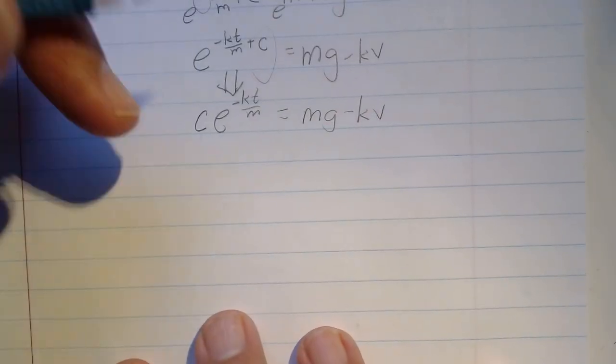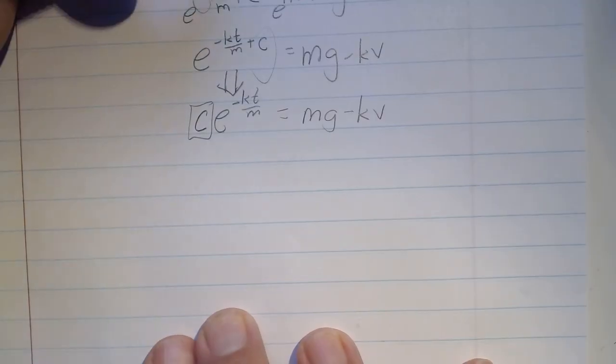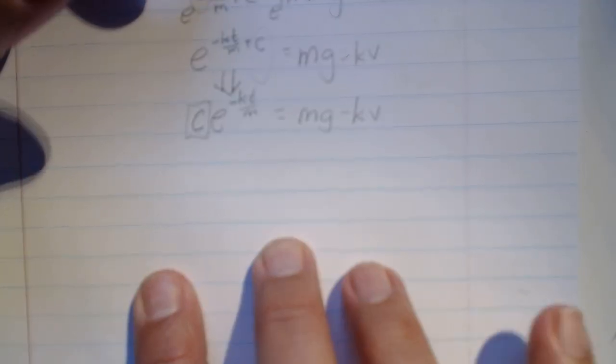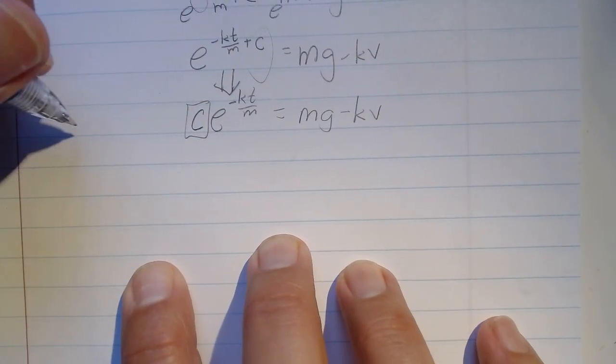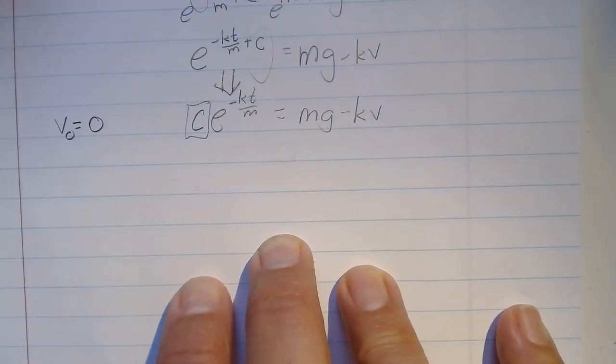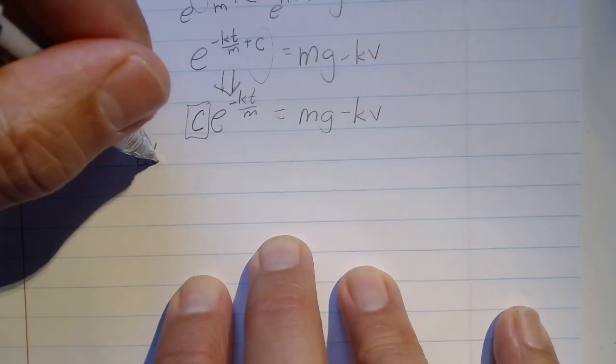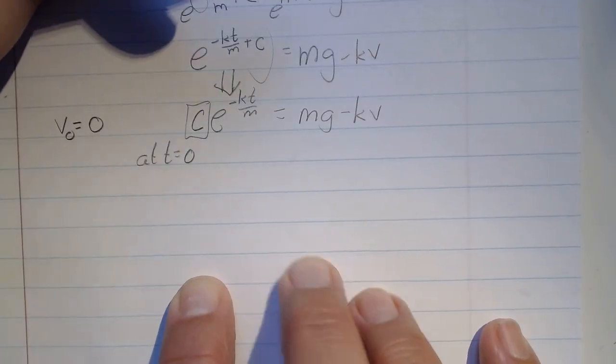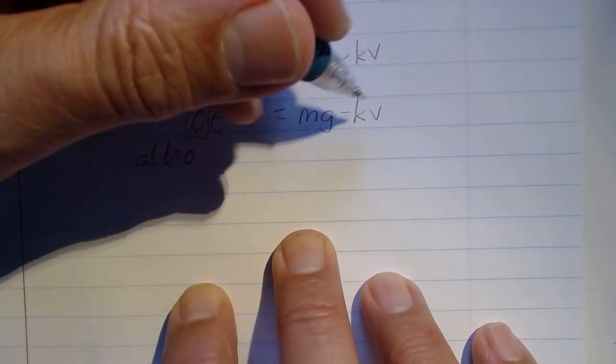Okay, so we're getting there. We're almost there. Now what we want to do is solve for that constant. So generally there's an initial condition, and the initial condition in this case, if I dropped it, let's just say v0 equals 0. So at t equals 0, we know the velocity is 0. First of all, let me rewrite this. I'm being lazy here.